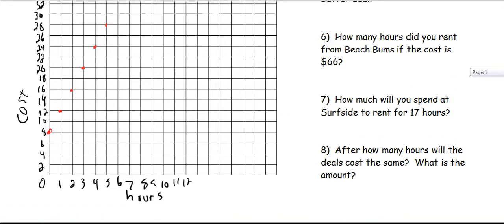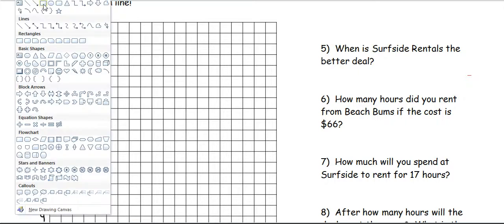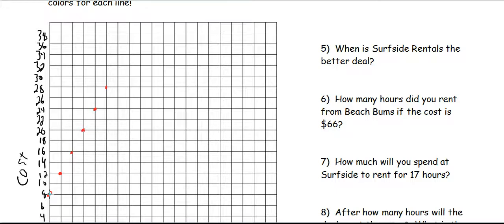Now, what I want you to do is, now that we're solving systems, it is extremely important that you use a straight edge and make your lines very, very accurate.